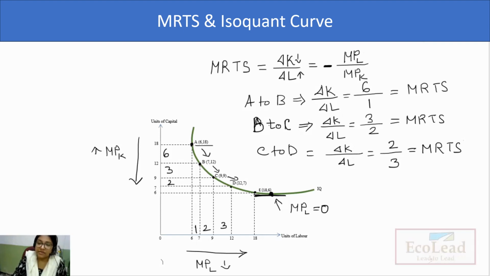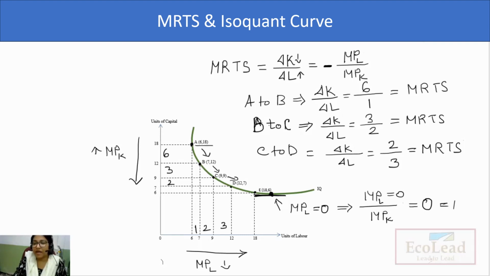If MPL is 0, it implies that the numerator of the MRTS, or the slope, will be equal to 0. Because if the value of the numerator is 0, the value of the ratio becomes 0.